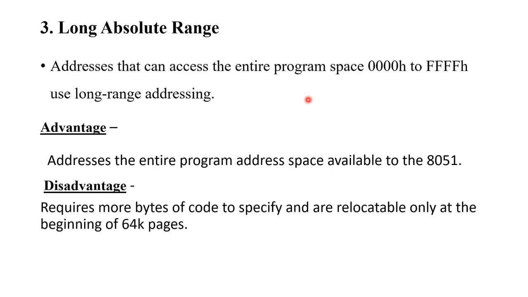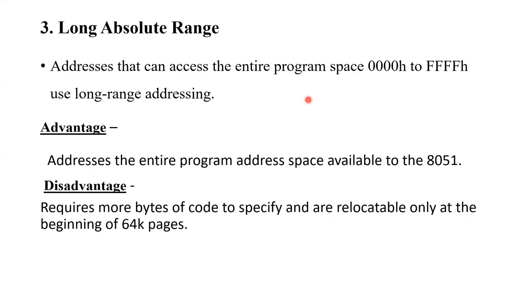The range is from 0 to 64 kilobytes of memory. You can have the jump range from 0 to 64 kilobytes here, so that if you write a long program, with the help of long absolute range we can write the jump instruction so that from 64 kilobytes you can move directly to 0, right?